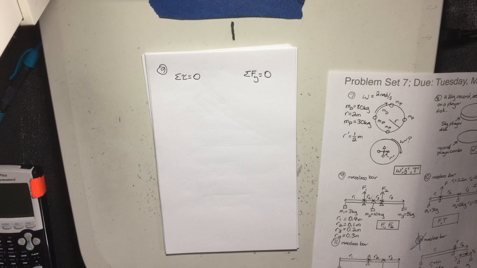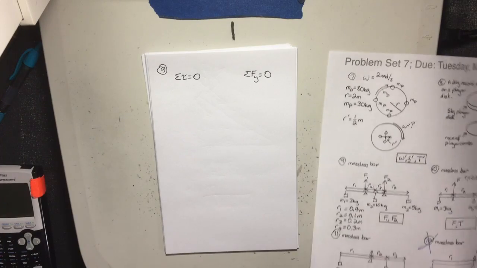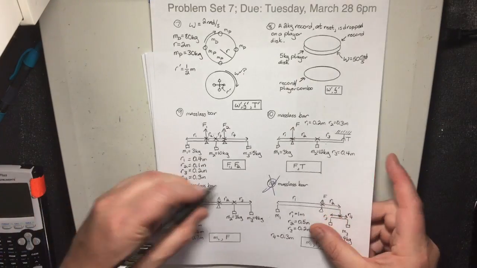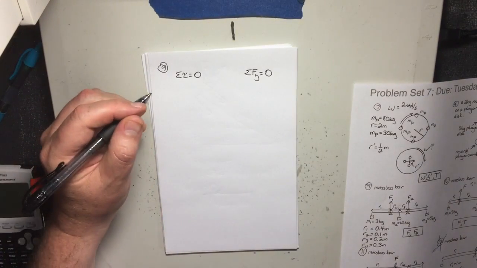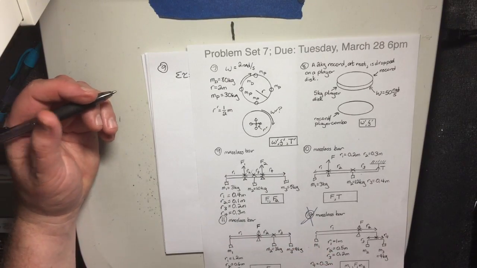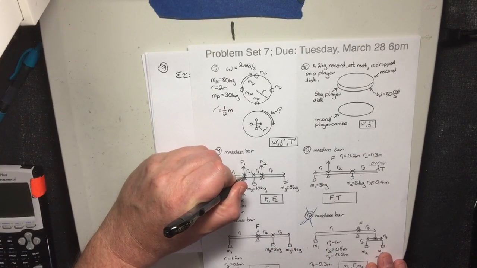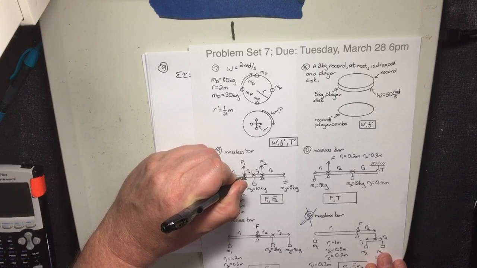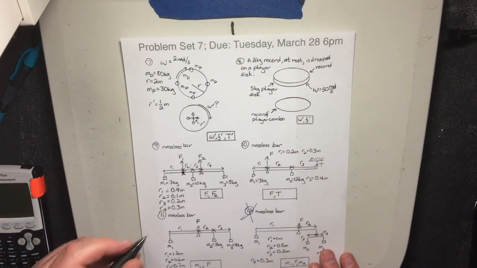To do this, what you typically have to do is sum the torques around a rotation point. It doesn't matter which rotation point, but you need to wisely pick one that will eliminate an unknown.